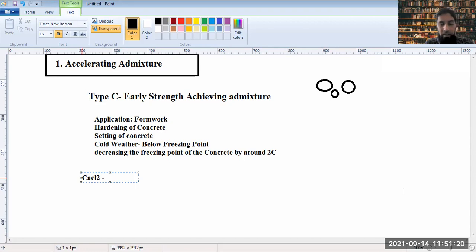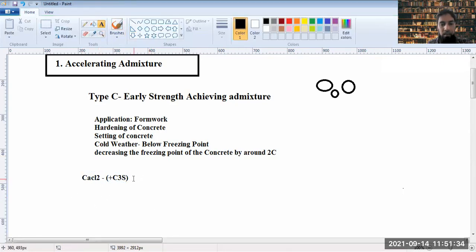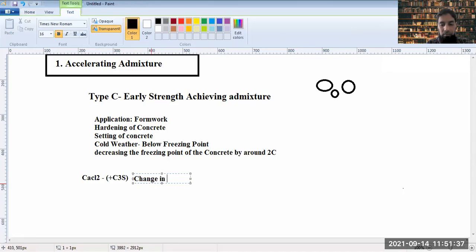Now, calcium chloride combines with C3S, and what happens is that there is a change in the alkalinity of the pore water, and thereby calcium chloride is increasing the strength, but at the same time it's also leading to drying shrinkage of the concrete.